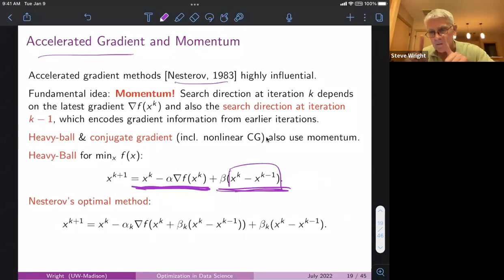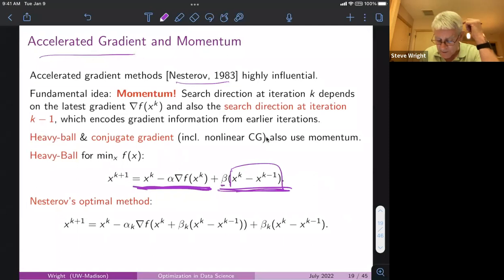So it takes the difference of the last two iterates, which is the step that you just took, and it adds on a multiple of that to get you from xk to xk plus 1. And that turns out to be a powerful idea. It's not obvious at first glance why it should be, but remember that this iterate in turn was based on the gradient at xk minus 1 plus some multiple of the previous step.